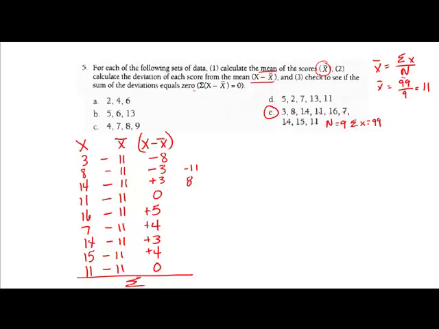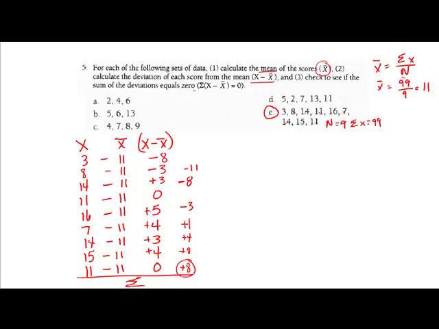Plus 3 is, sorry, negative 8. Plus 5 is a negative 3. Plus 4 is a positive 1. Plus 3 is a positive 4. Plus 4 is a positive 8. Plus 0 is a positive 8.